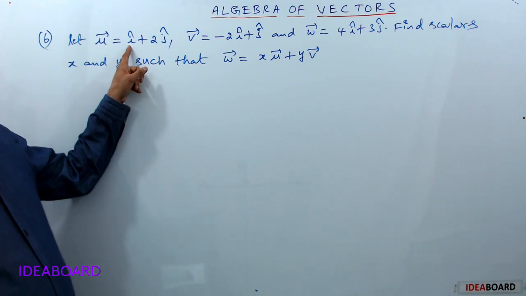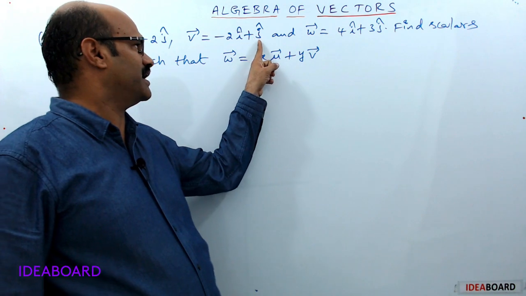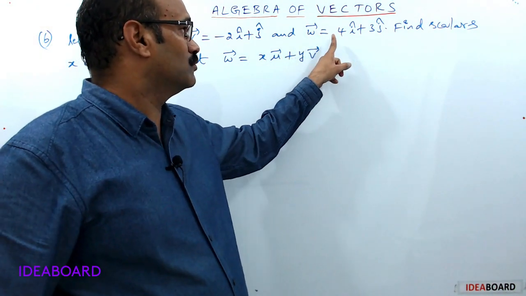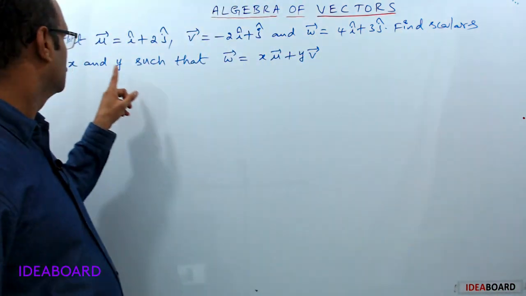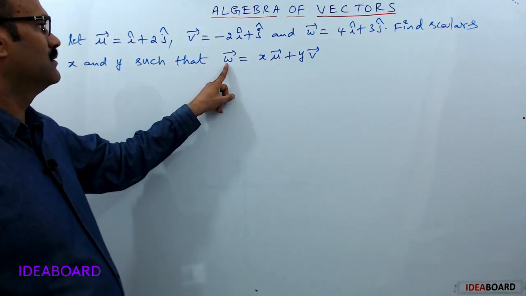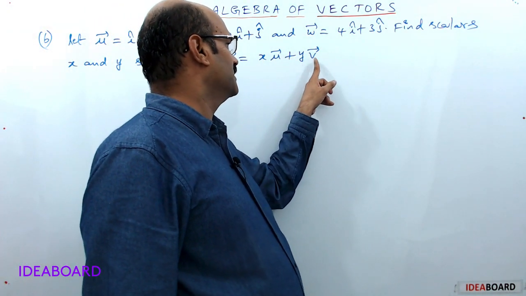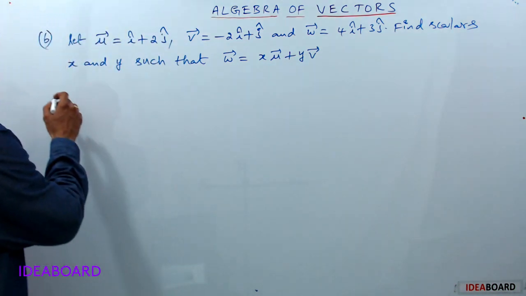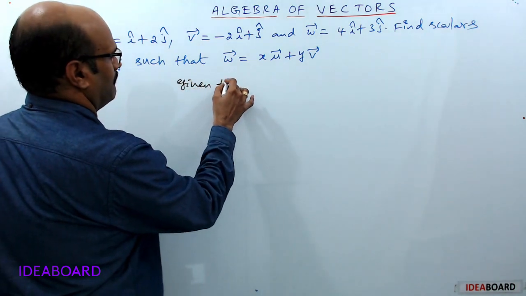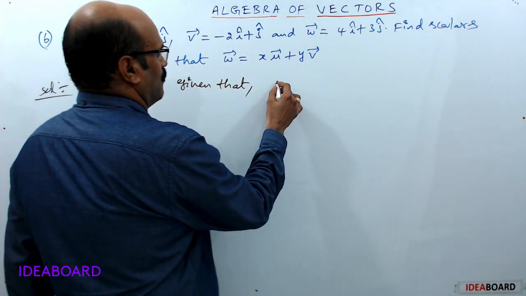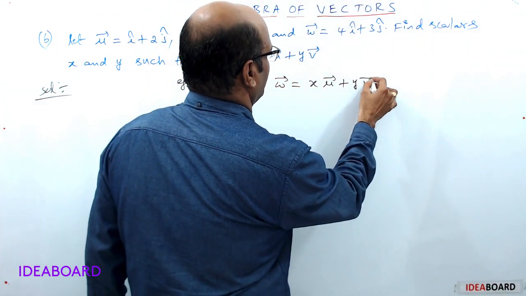Let u vector equal to i cap plus 2j cap, v vector equal to minus 2i cap plus j cap, and w vector equal to 4i cap plus 3j cap. Find scalars x and y such that w vector equal to x into u vector plus y into v vector. It's given that w vector equal to x into u vector plus y into v vector.